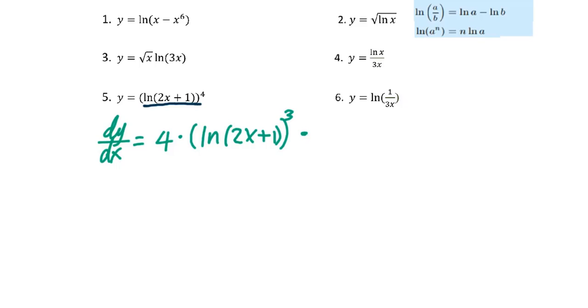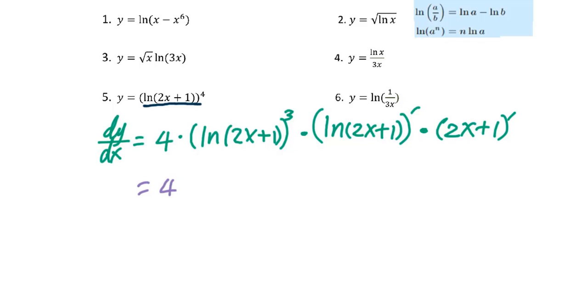Then you have to do the derivative for natural log of 2x plus 1, then using chain rule, do the derivative for 2x plus 1. So you will get 4 natural log 2x plus 1, do the third power.